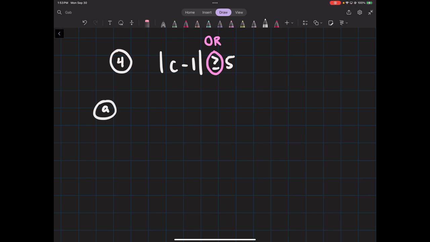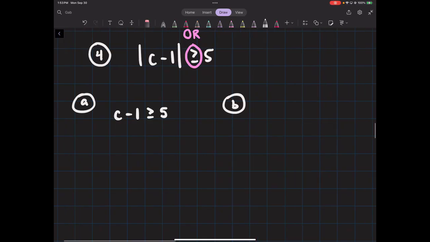Okay, the first one. The first one always looks the same, right? Okay, let's see if you guys got the concept. What does the second one look like?